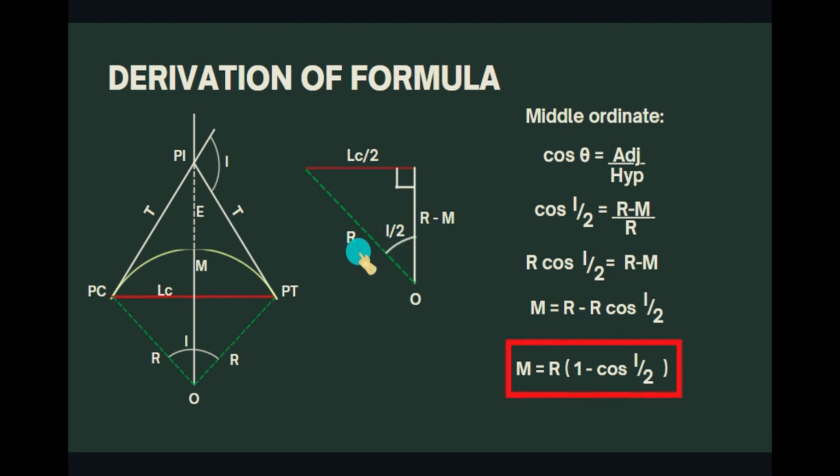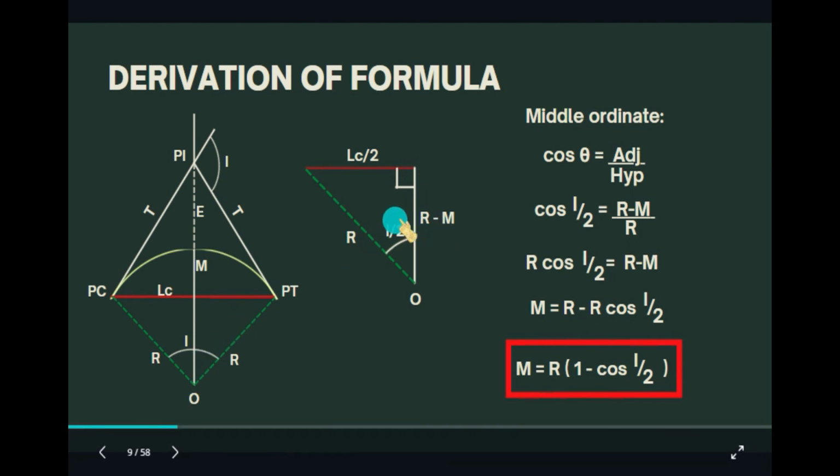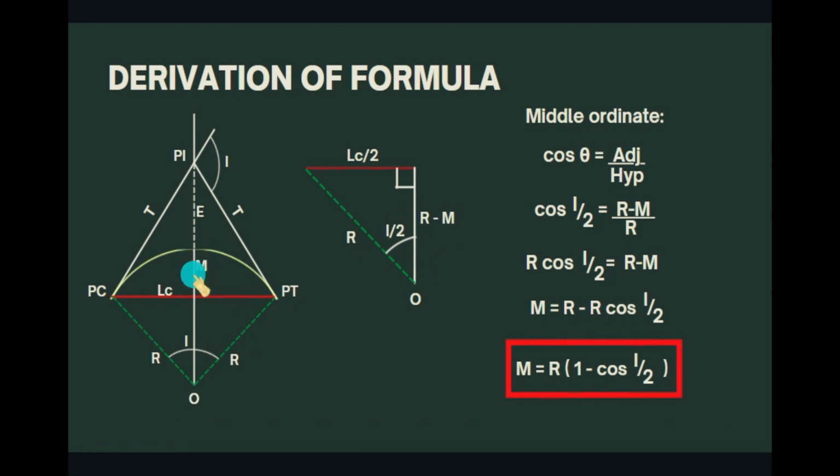Then we have the radius and the half of our long chord, which is LC over 2, since this is the long chord, then its half would be LC over 2. Now the length of the side would be the radius minus M, which is the middle ordinate.